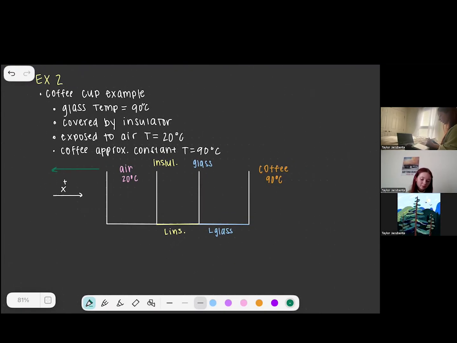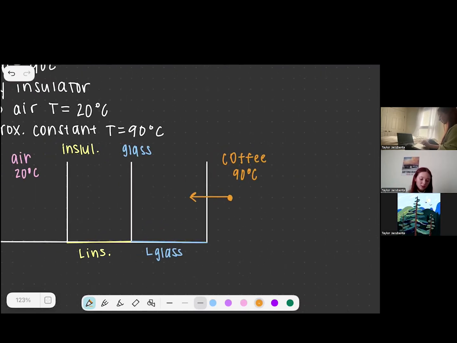Okay, so between these, we can model that our heat from the coffee to the glass is convection.